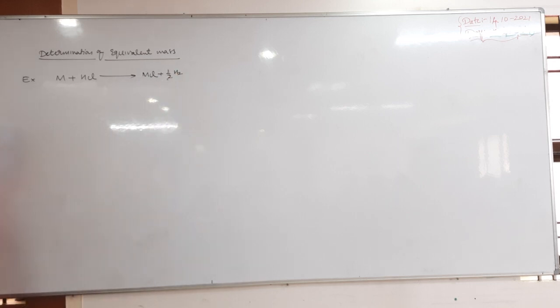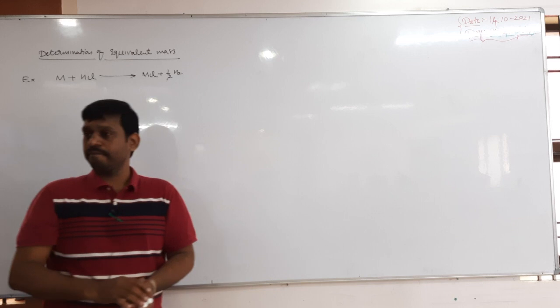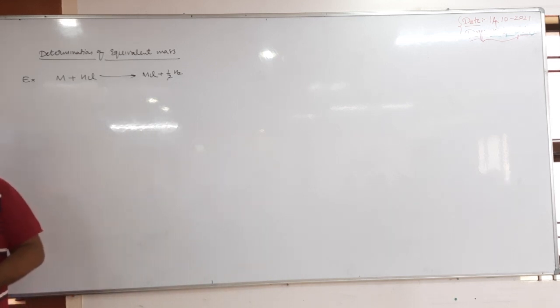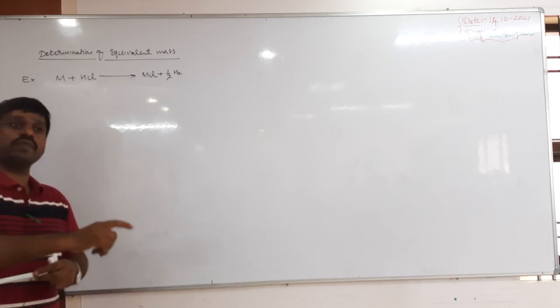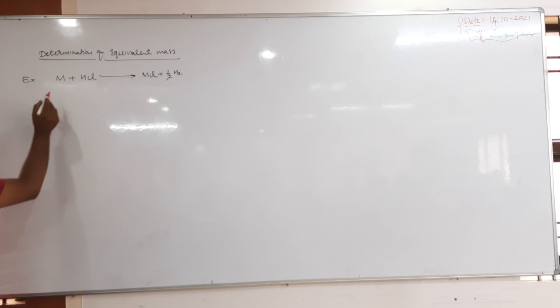Now, how to calculate the equivalent mass in this equation? We know that one gram equivalent of one element always combines with one gram equivalent of another element. So here let us take the metal as x gram.